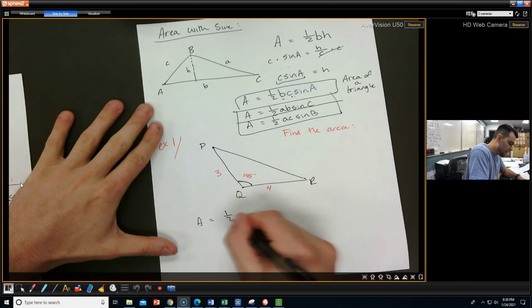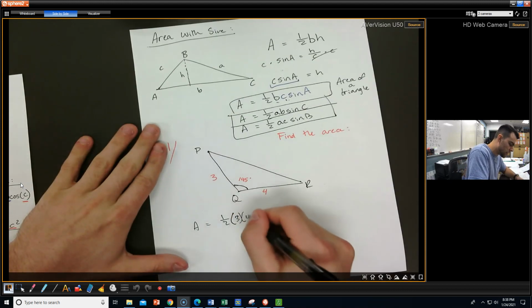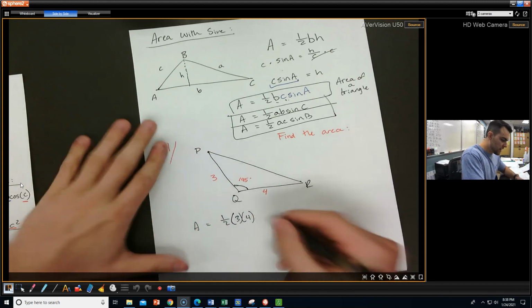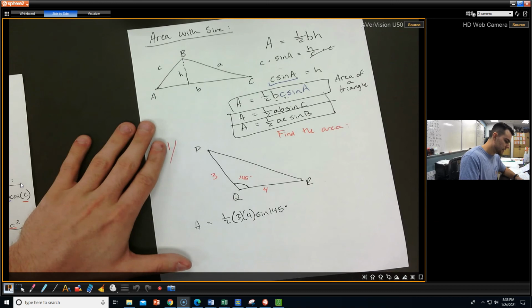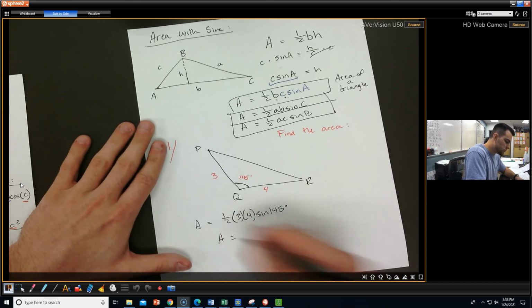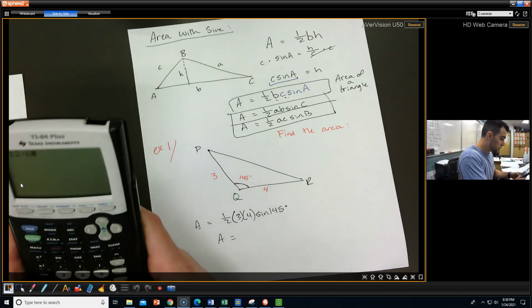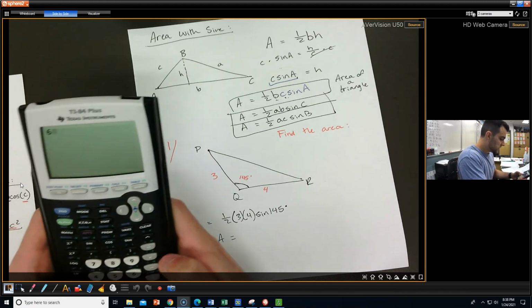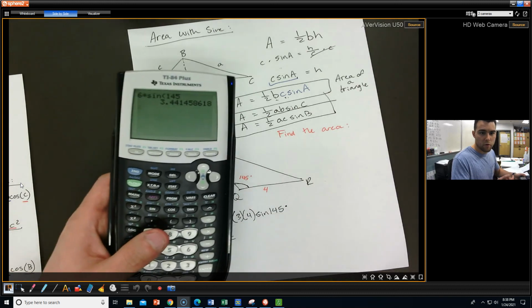I know it's 1/2 times, I have my 2 side lengths, 3 times 4, times sine of whatever that angle is between them. Okay? And now I throw that all into a calculator, and I'm pretty much done with the problem at this point, right? So it's 6 times sine of 145, and I get 3.44.